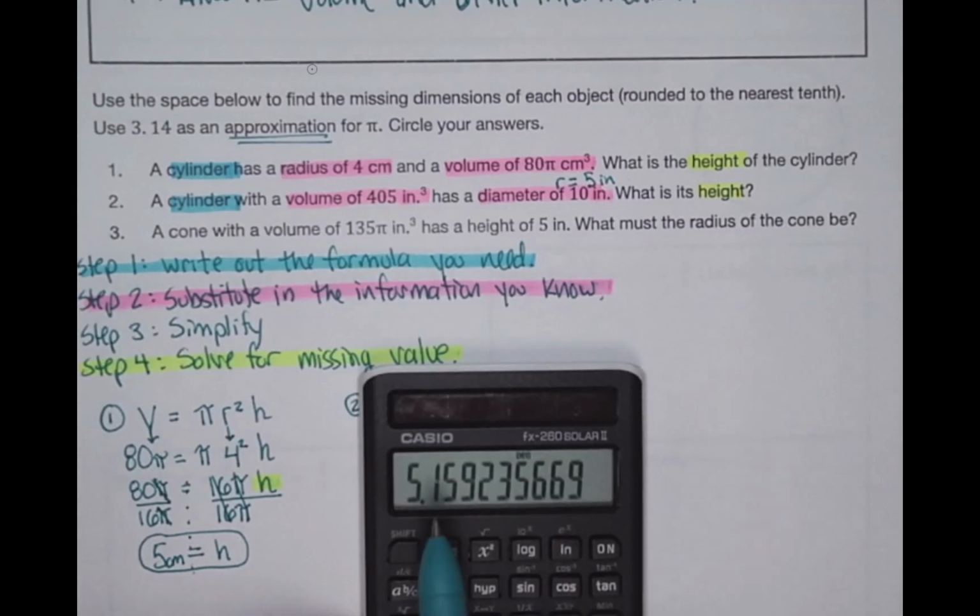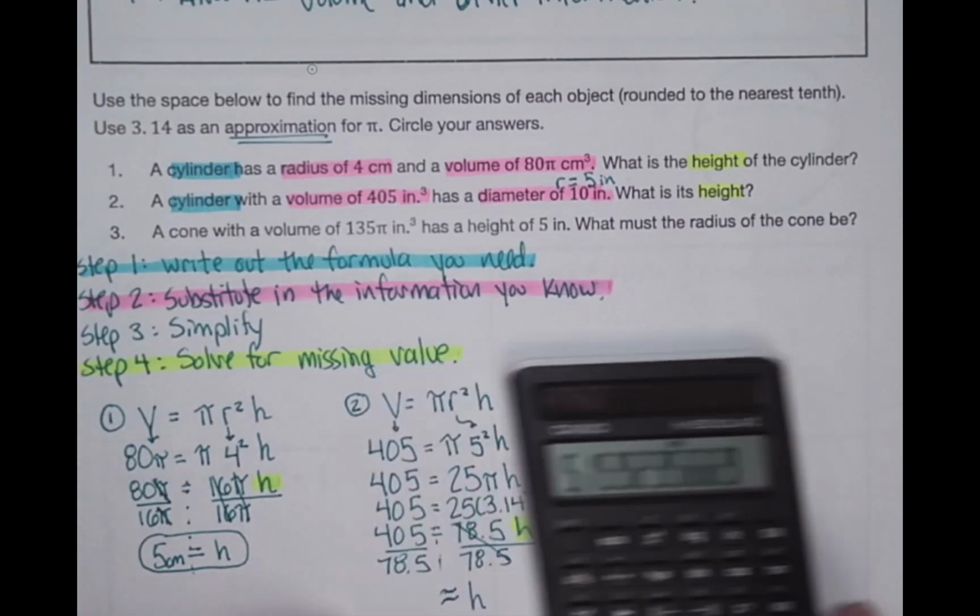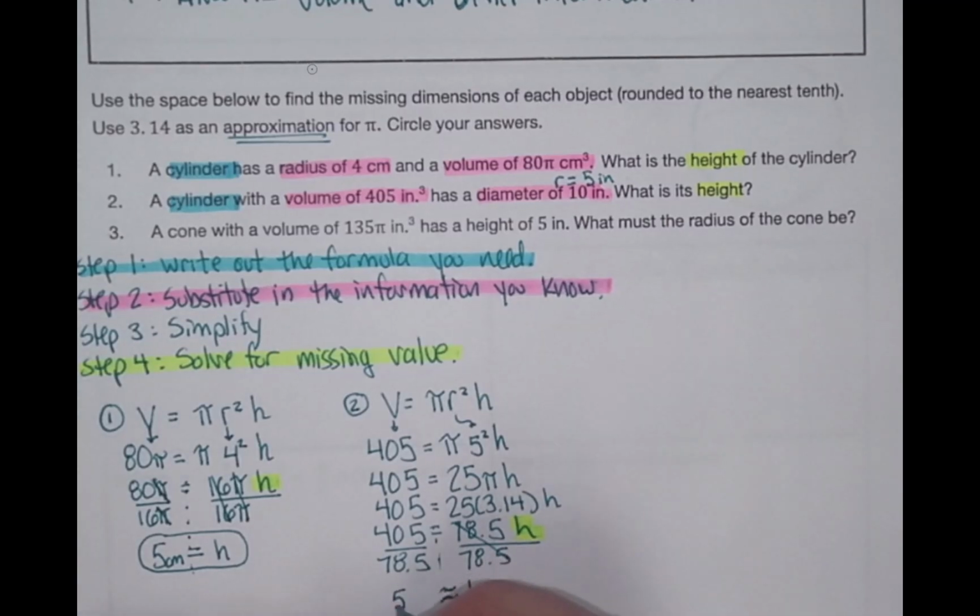And if I'm asked to round to the nearest tenth, that's the 1 here, I have to look to this number. If it's 5 or above, I'm going to round this number up. If it's 4 or below, I'm going to leave that number alone. So I'm going to round this to 5.2. But this is just an approximation.